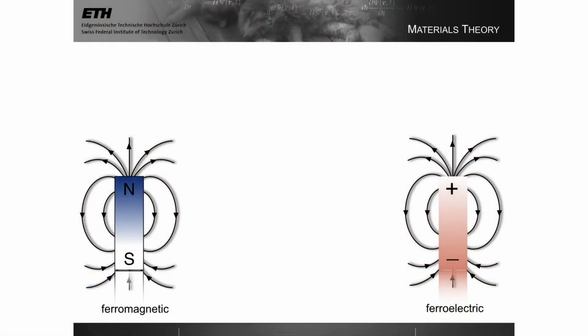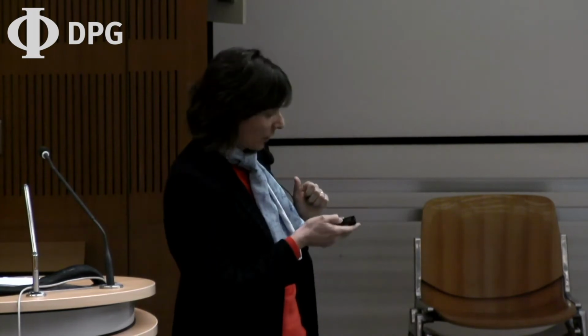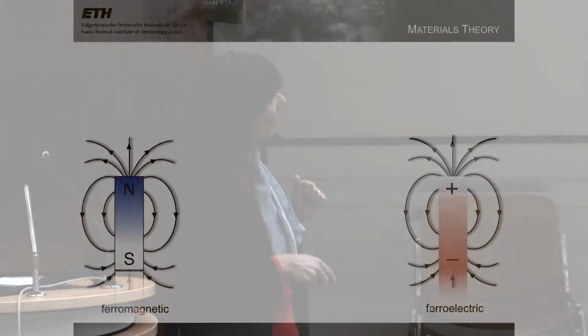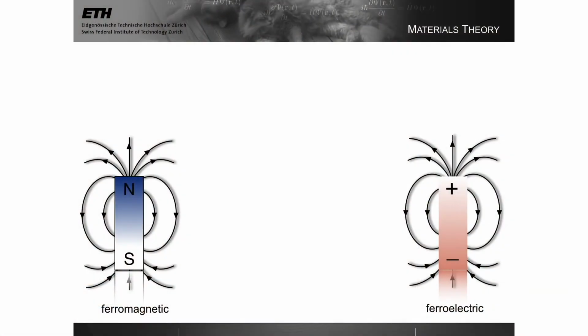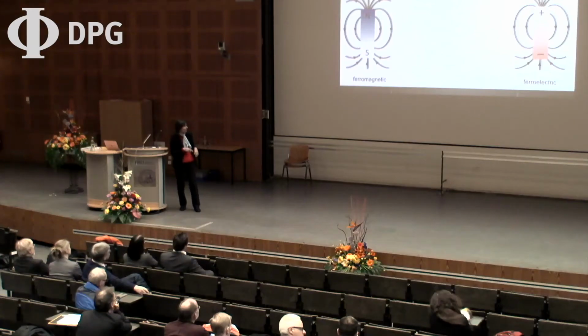Another possibility would be a related class of materials called ferroelectrics. And these are materials that, rather than having magnetic dipole moments with north and south magnetic poles, have electric dipole moments with positive and negative charges. And so much of the phenomenology of ferroelectrics is similar to that of ferromagnets. The ferro part here reflects the similarity in the underlying physics. Most ferroelectrics are not at all ferrous.